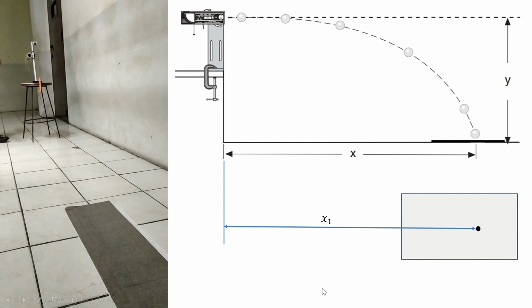If we do the same for the second trial, we will have a mark again, and we will call this x2. And for the third trial, we will have a mark again, and we will get x3. As much as possible, the difference of these marks should not be greater than 2 or 3 cm from each other.